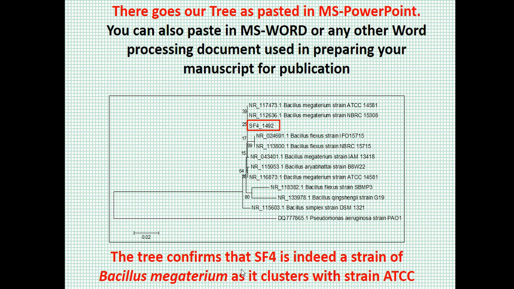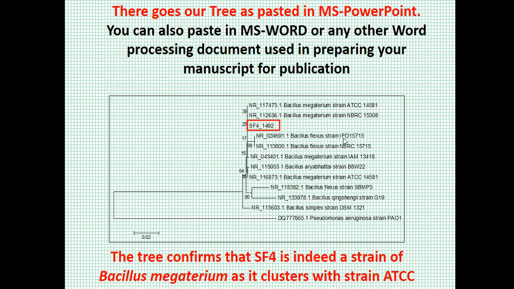From this tree, we can see that SF4 is indeed a strain of Bacillus megaterium because it clusters with the Bacillus megaterium derivatives. It clusters with Bacillus megaterium strain ATCC 14581 and NBRC 15308.